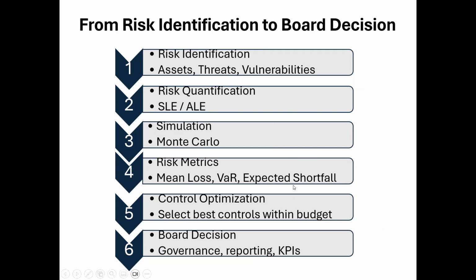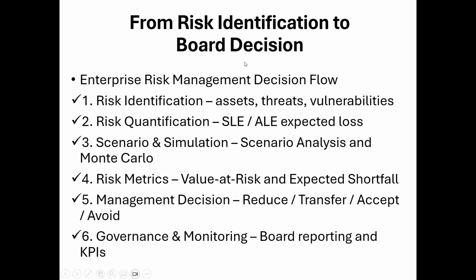So that in a nutshell is what enterprise risk management is all about. From risk identification to board decision, that's the very end. So identify risk, quantify it. You can have scenario and simulation analysis, compute the value at risk.